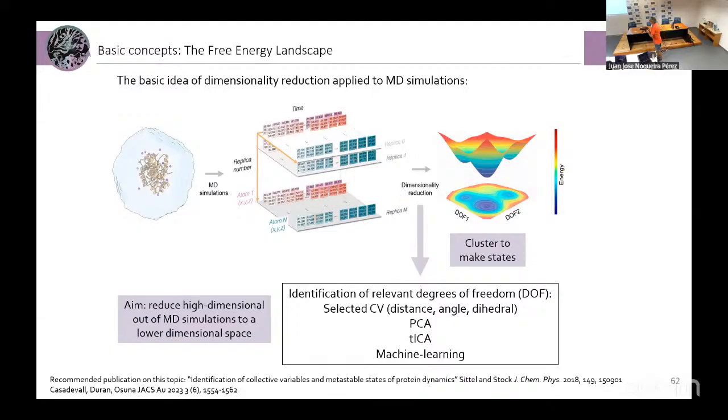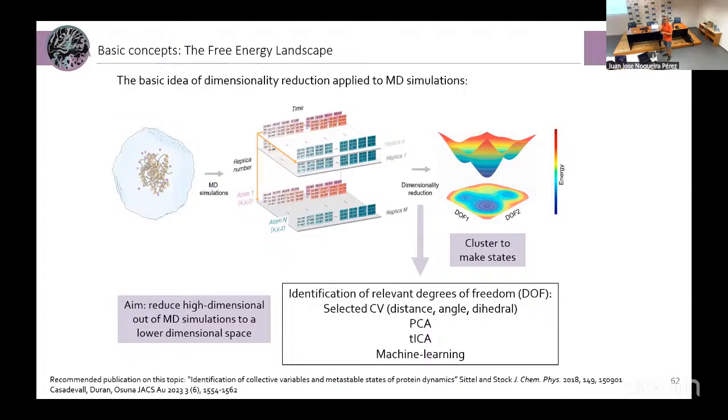And then we can apply what are called dimensionality reduction techniques, for example principal component analysis, time-lagged independent component analysis, or machine learning tools, in order to characterize which are the motions that contribute the most to the conformational dynamics of my particular system, or the motions that are the slowest ones in my protein.